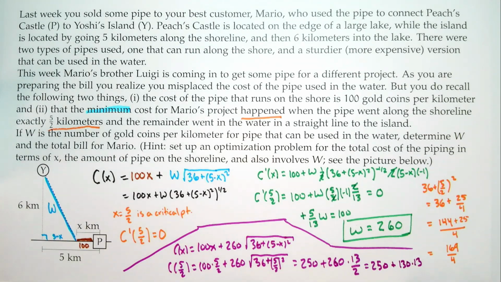Well, 130 times 13, think of that as 13 times 13, which is 169, times 10. So we get 250 plus 1690, which means if we add that all together, we get 1,940. And that is how many gold coins it cost Mario to install that pipe.